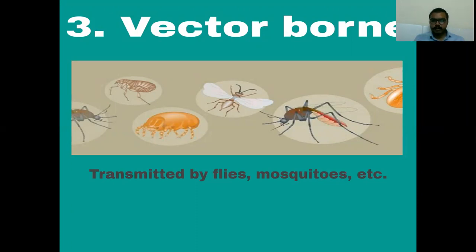When the mosquito bites, it puts virus in our body, so our body gets infected. The infectious agent passes through a developmental cycle or multiplication in the vector before it can be transmitted to the host. Diseases like malaria and plague are spread in this way. Malaria is spread through mosquitoes. So mosquitoes are vector borne.